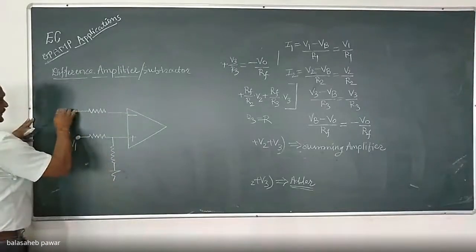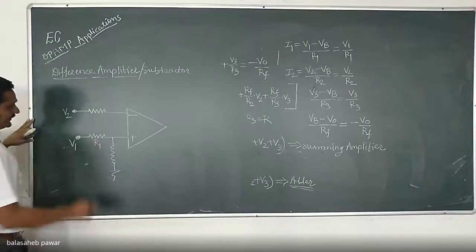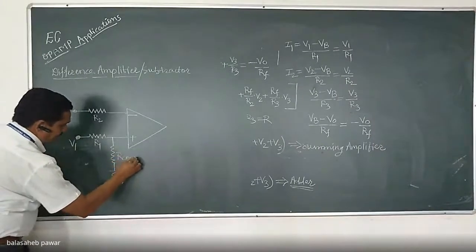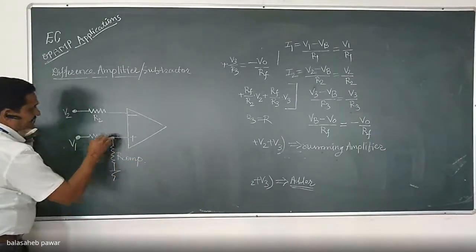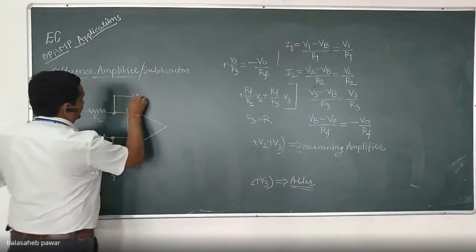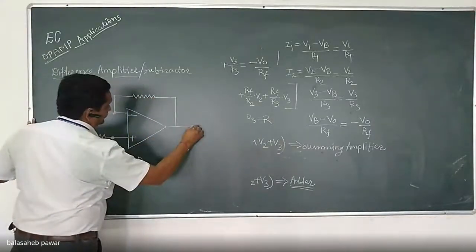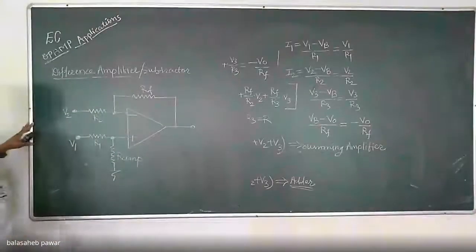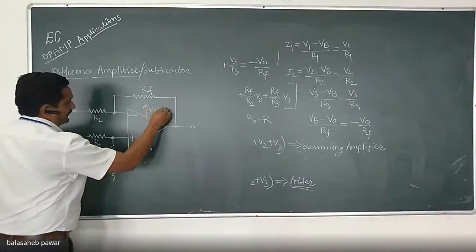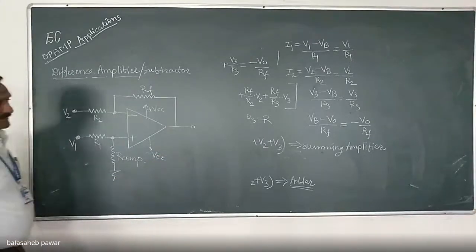Suppose this resistor is of value R1, this one R2, and this one R compensating, and one more resistor in the feedback path, which is RF, with plus minus DC sources. So this is the final circuit diagram for this difference amplifier or subtractor.